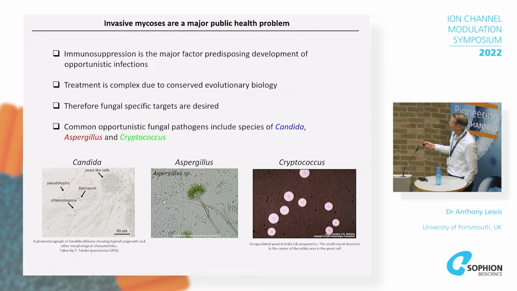Generally they affect the immunosuppressed population, and generally treatment's quite complicated because of the evolutionary conserved biology between mammalian and fungal cells. So there really is a requirement to locate and identify fungal specific targets for therapy. The most common opportunistic fungal infections in humans are through the species of Candida, Aspergillus and Cryptococcus.